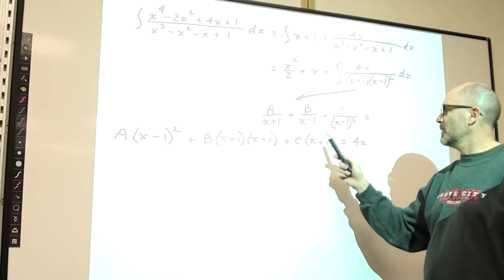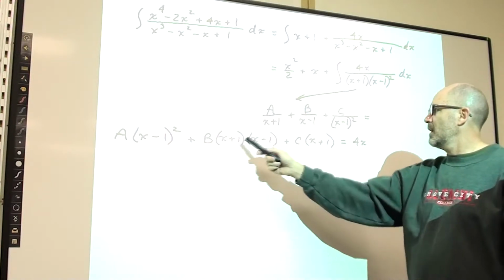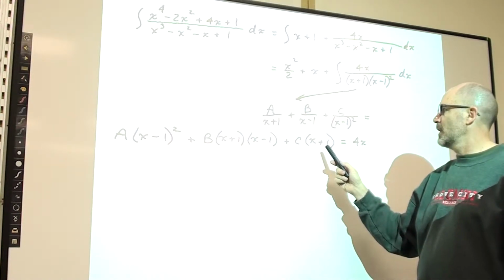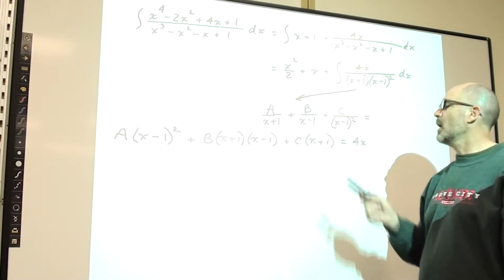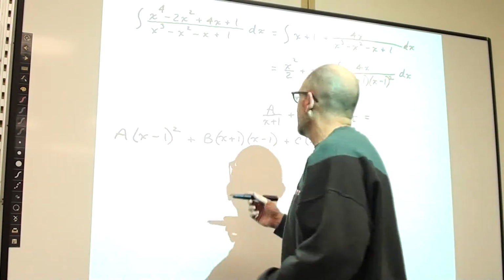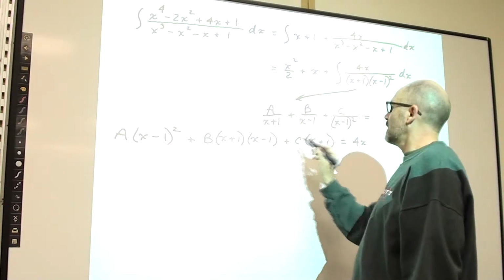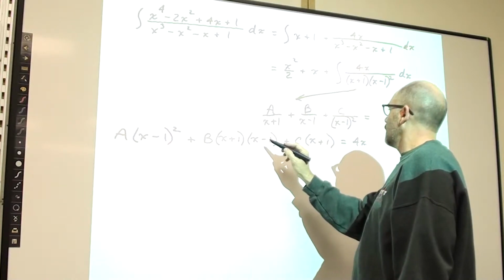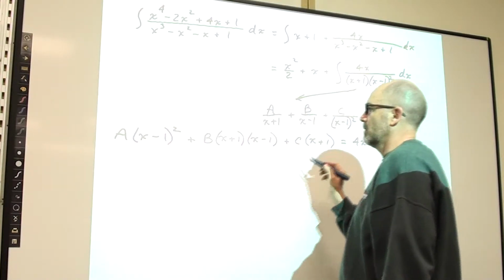If we let x equal -1, then B and C drop out. If we let x equal 1, A and B drop out. Yeah, we're good. Okay, so let's do that. So let's get rid of B and C first so we can solve for A. So we let x equal -1.